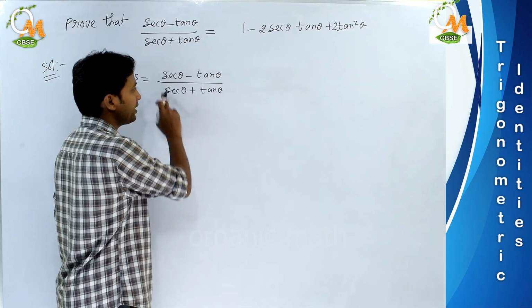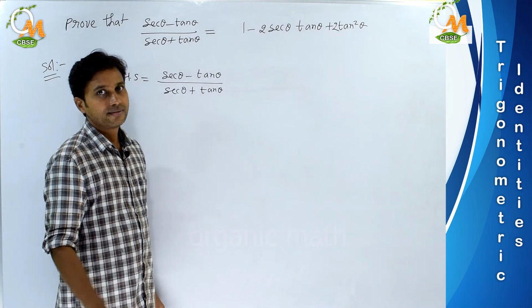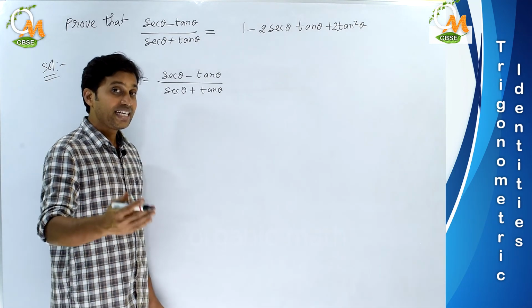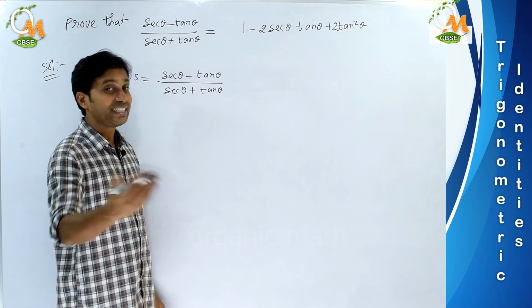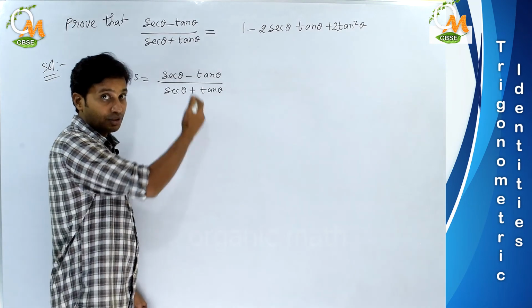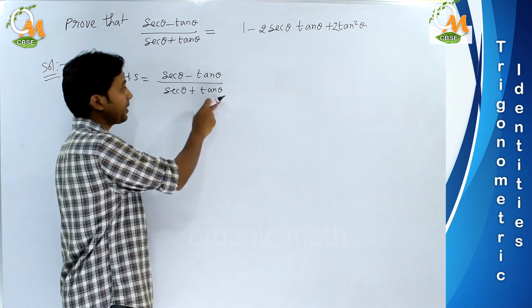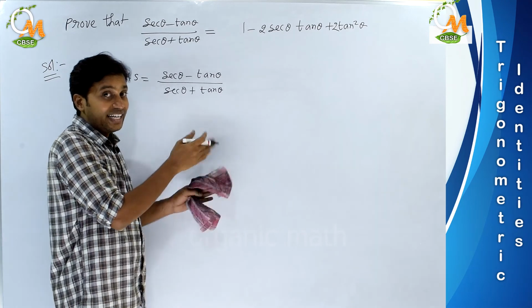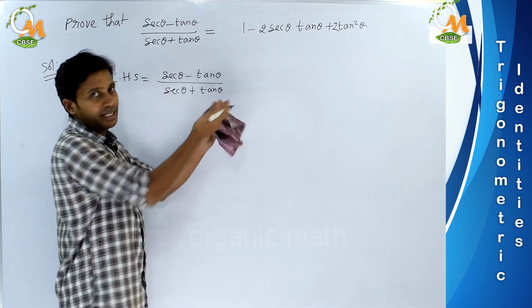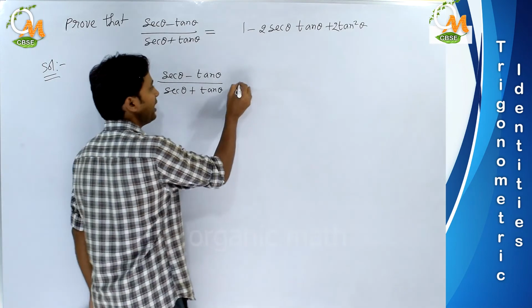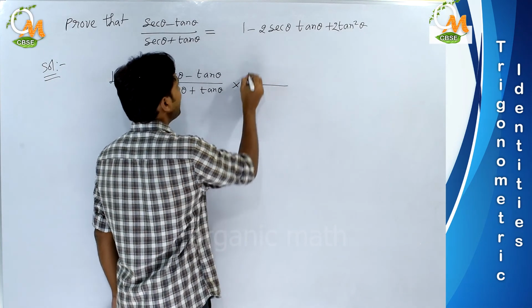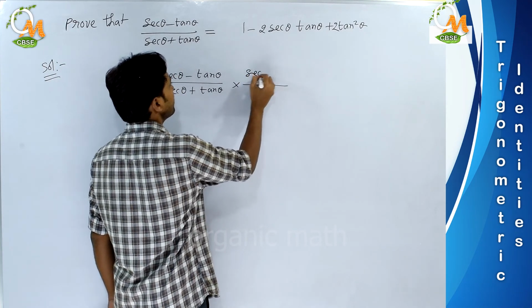If you want to avoid this denominator, we need to get 1. So if you get secant square theta minus tan square theta in the denominator, then it will become 1 or not. For getting 1, with what factor do we need to multiply? That factor would be secant theta minus tan theta.